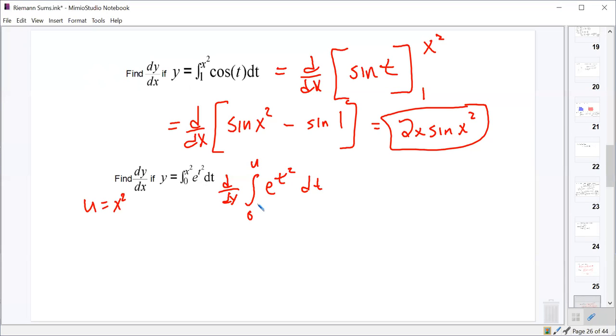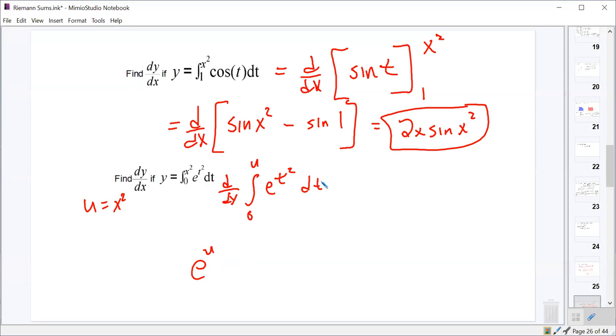And so then when we integrate this from 0 to u, well, we probably don't know what the integral of e to the t squared is off the top of our head, so we won't really be able to use this exact same method here. But we know that when we integrate it and then plug it in, we should get e to the u, and we should get whatever the integral of e to the t squared is, and then we're going to evaluate the derivative of that at u, so that just becomes e to the u.